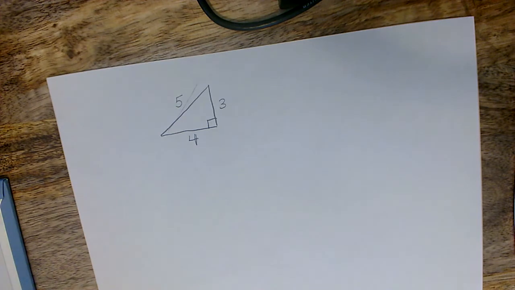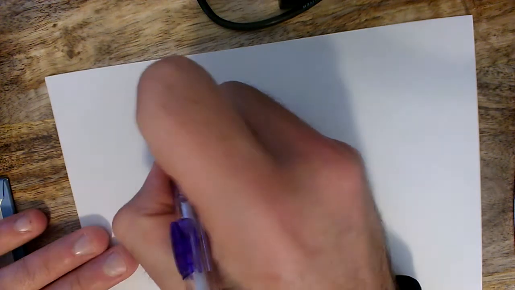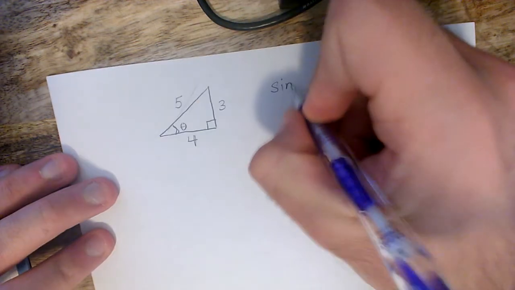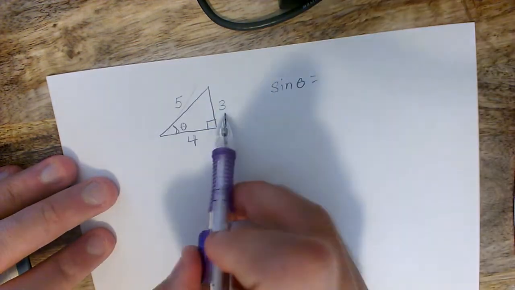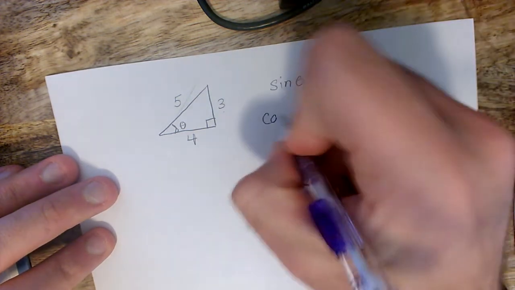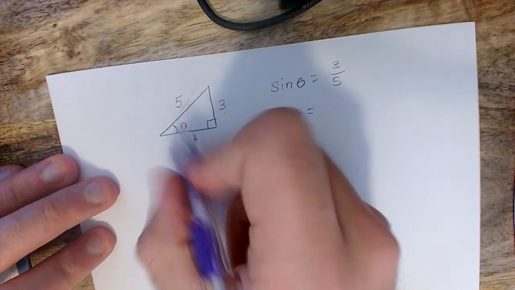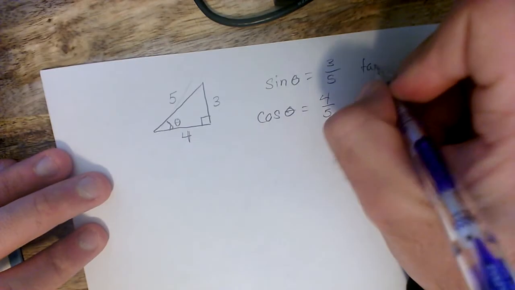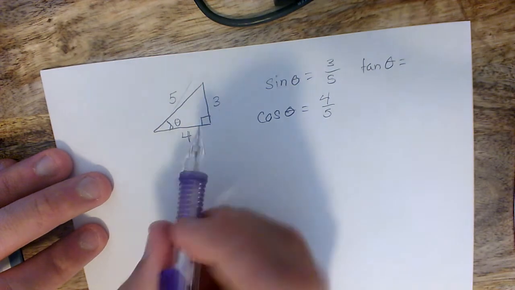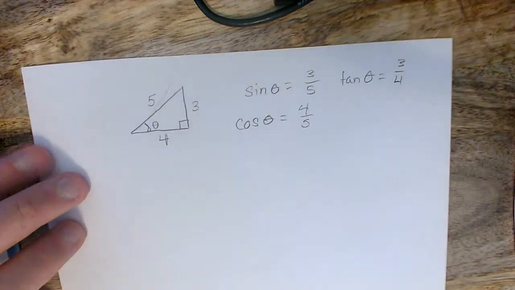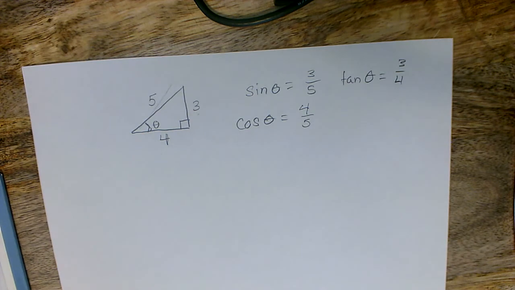You could check. And if we called this angle here theta, then, for example, sine of theta is the opposite, so 3 over 5. The cosine of theta is the adjacent over the hypotenuse, so 4 over 5. And the tangent of theta is the opposite over adjacent, so it would be 3/4.